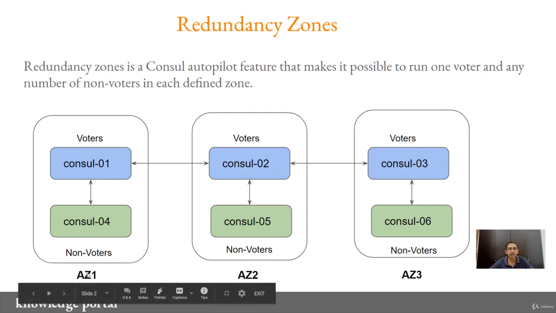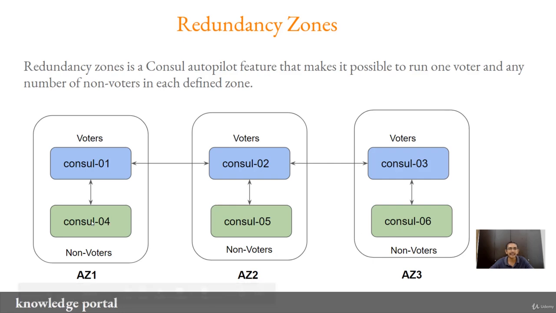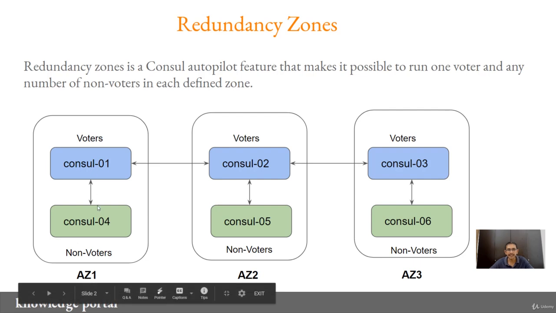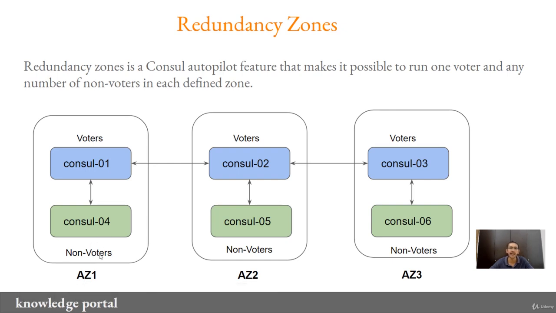For AZ1 you will have Consul 04, for AZ2 Consul 05, and for AZ3 Consul 06, and these will act as a backup for the primary servers. Do note that the data gets replicated to these servers as well, and they act as non-voters, so they do not participate in quorum directly.